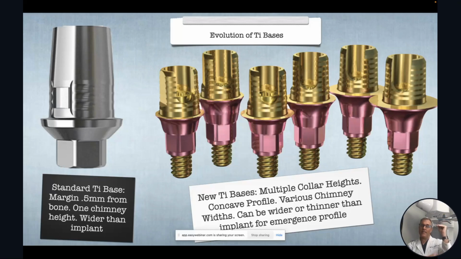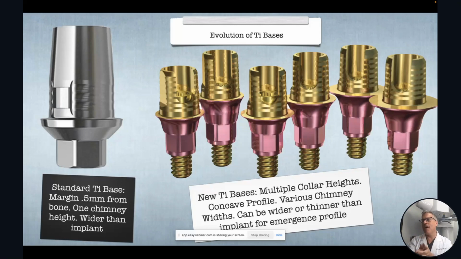If we have a very subosseous implant, we can select between 0.5 up to about 2 millimeters of heights. They come in different colors. In this case, the gold portion is what's contained within the ceramic, and the pink portion is your transmucosal portion, or what goes from the implant to the top of the ceramic.